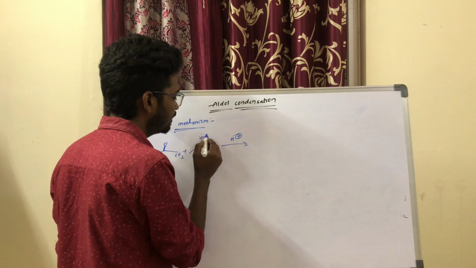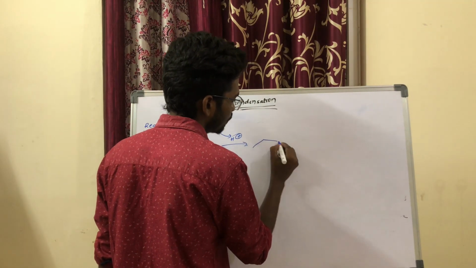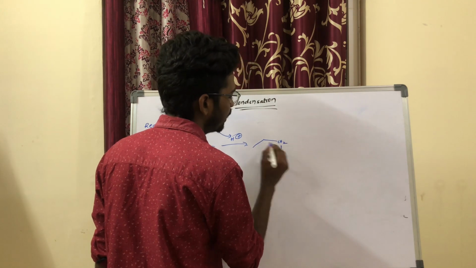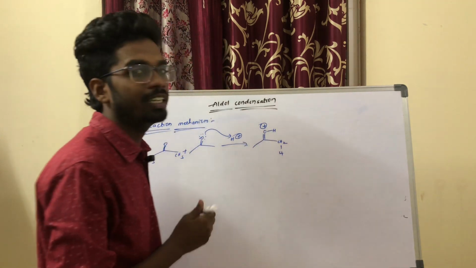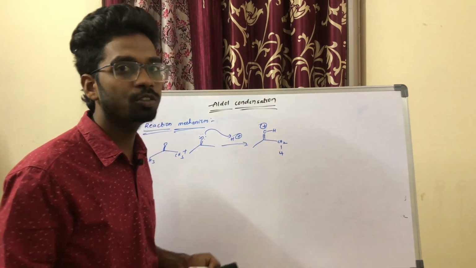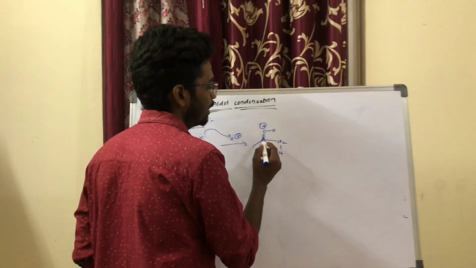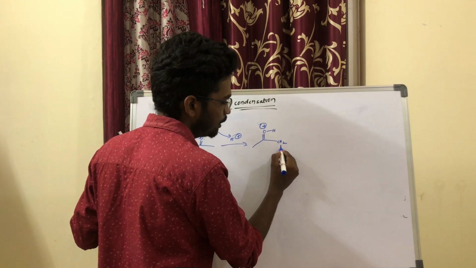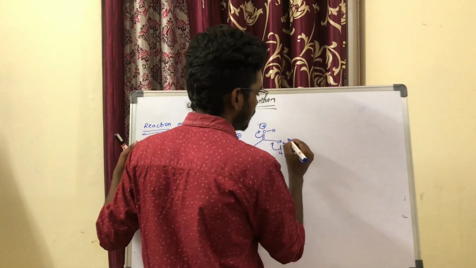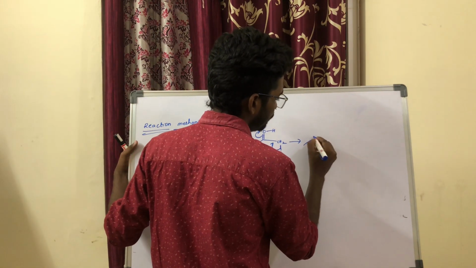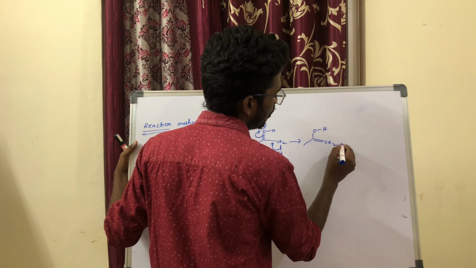This lone pair of electrons takes the proton from here in acidic conditions, then you can get CH2H, I will write like that. And see, oxygen containing a positive charge is highly unstable. So this hydrogen is migrated towards this one, and this bond is migrated towards the oxygen. So you will get, see carefully, here you will get a double bond, right?